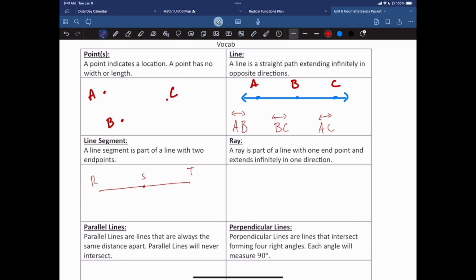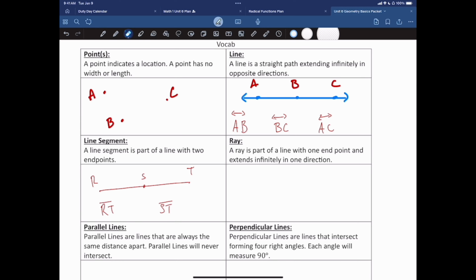If I wanted to talk about the whole entire thing, I would have to write RT with just a line over the top, no arrows this time. If I were to say ST, I would be referring to just this part of the line.